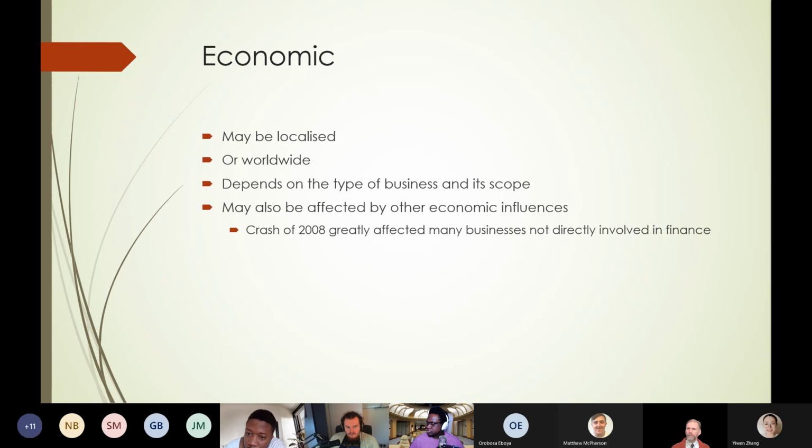That's, say, 500 people who got a wage and would go into the local butchers and the local newsagents and the local shoe shop and the local fill in whatever. Less money being spent, which means these shops get in less money, which means they require fewer staff, which means there's a knock-on effect from that, which might even involve the shops closing. So the economic effects can be very local, or they can be a response to worldwide issues.